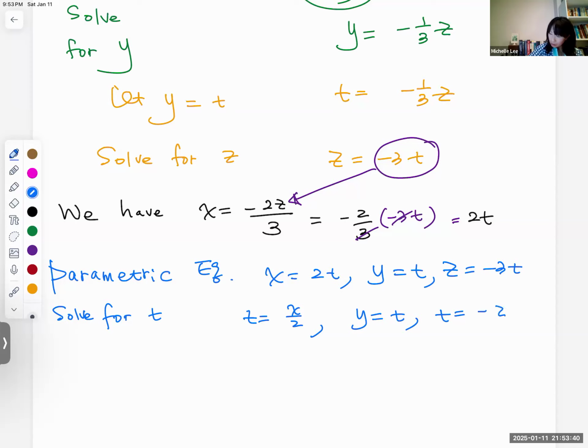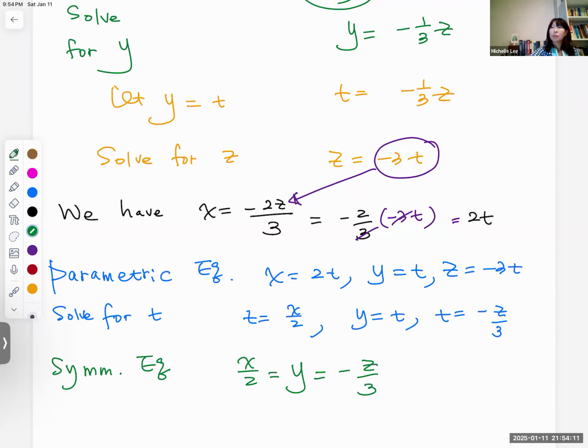So everything together, the symmetric equation will be x over 2 equal to y, equal to negative z over 3. This is a symmetric equation.